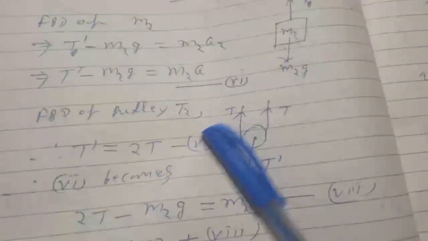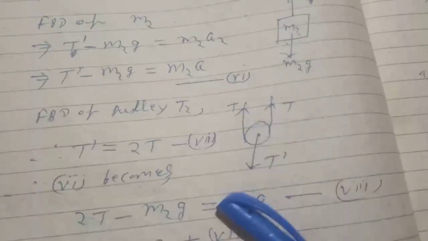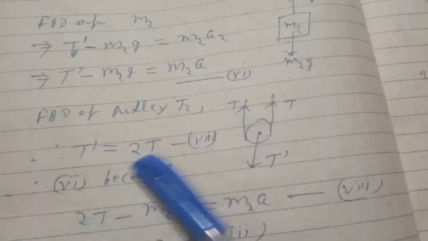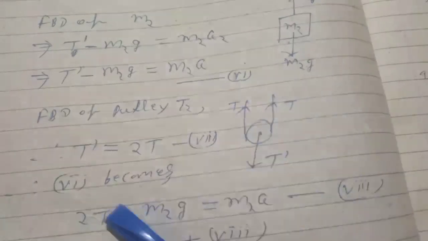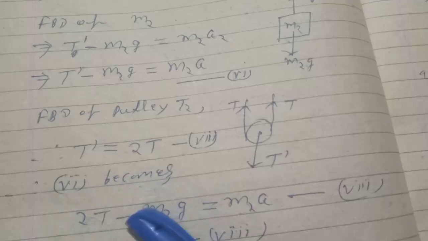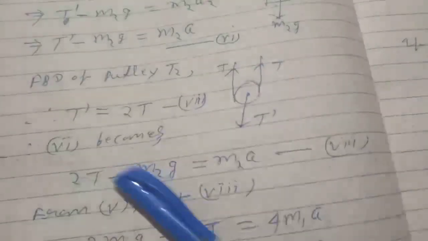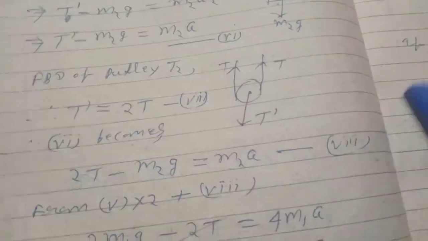Now the FBD of the pulley, with T and T dash, so we can write T dash equal to 2T. Hence equation 6 becomes 2T minus m2 into g equals m2 into a.